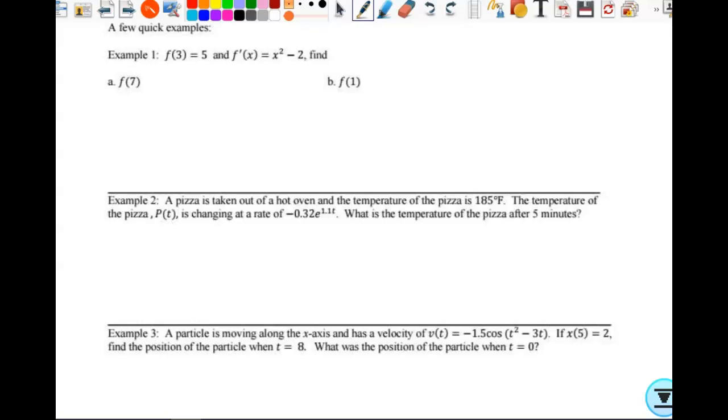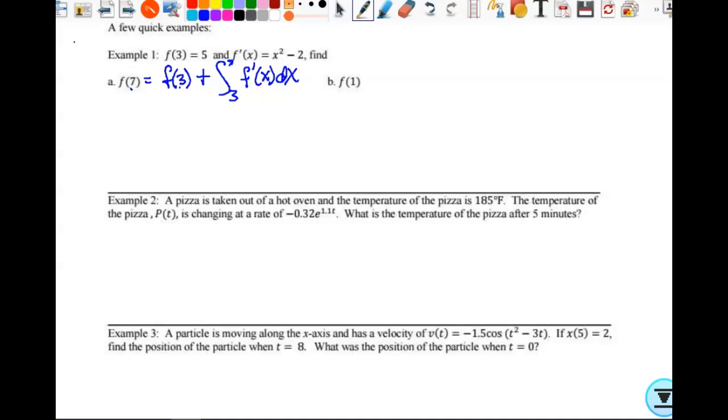So f of 7 is equal to, I know I'm going to use f of 3, and I'm going to have to integrate this f prime of x dx. Well, my limits of integration are going to be 3 to 7. So 3 goes down here, 7 goes up here. So what I'm looking for is the final is equal to the initial plus that integral. Does that make sense to you?